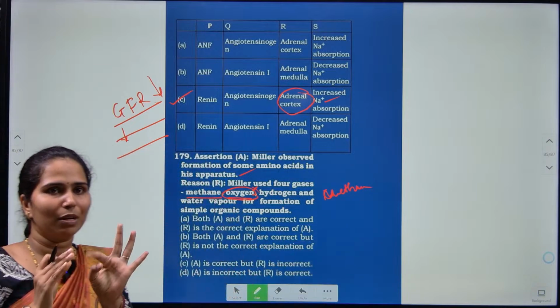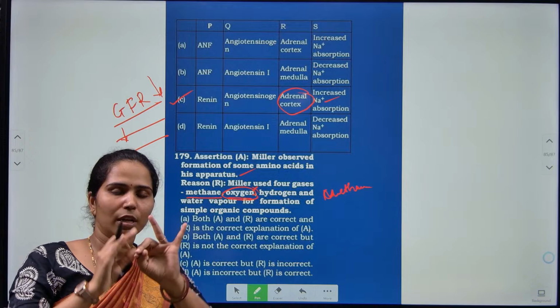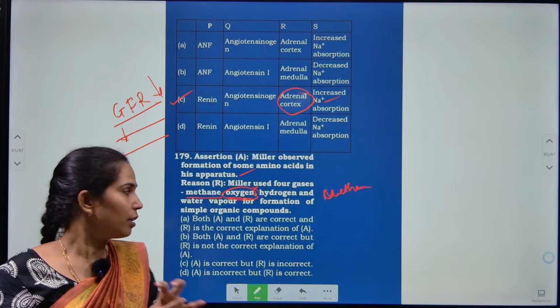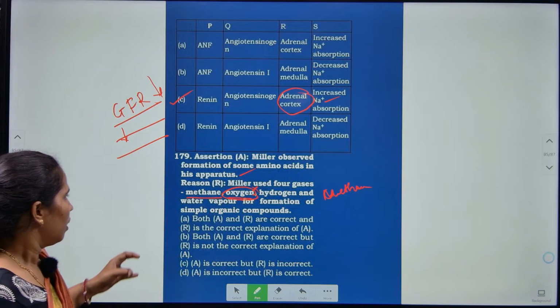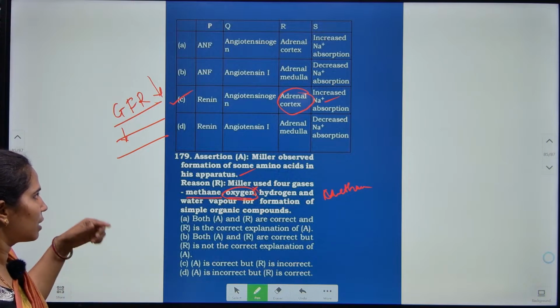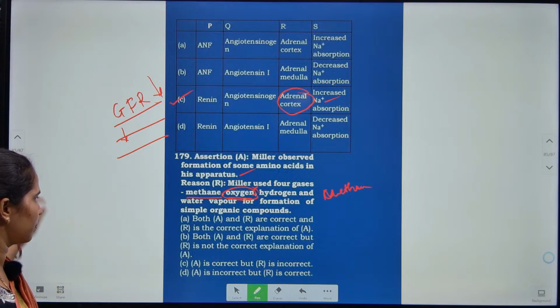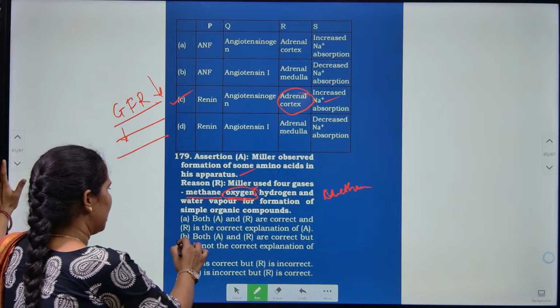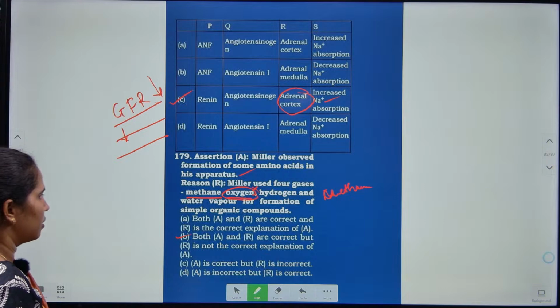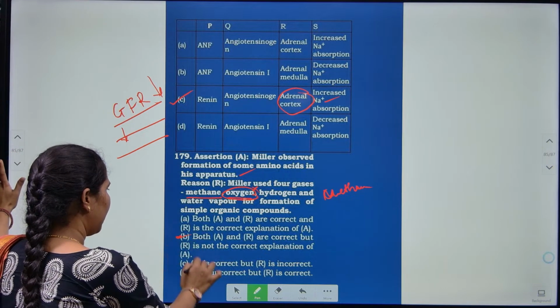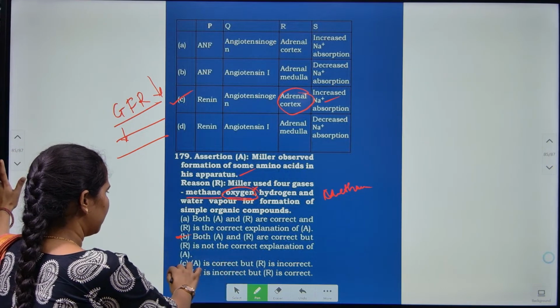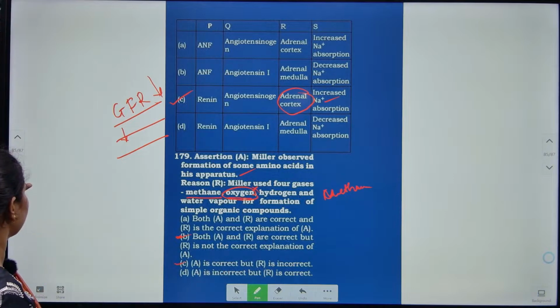One is methane, one is ammonia, one is hydrogen, and the last one is the water vapor here. So A is correct, but reason is not correct here. A is correct, but R is incorrect. That is, reason is incorrect here.